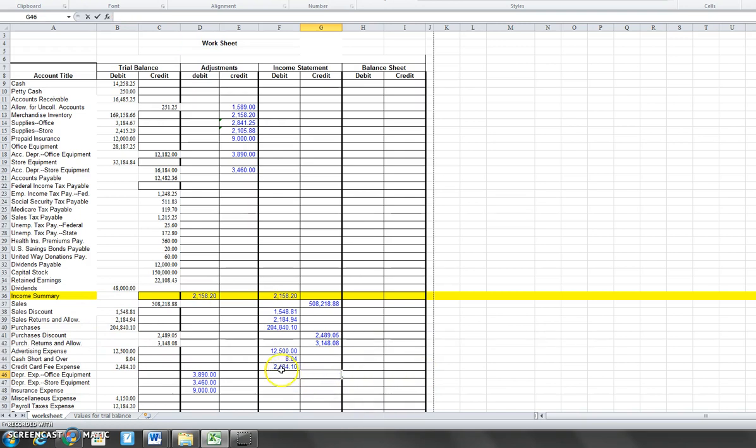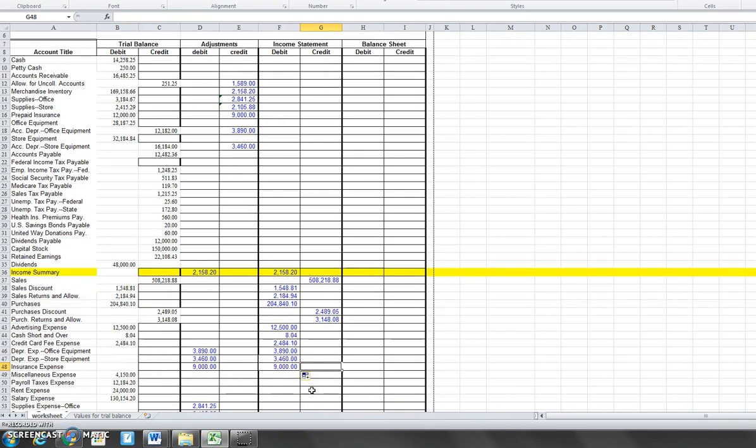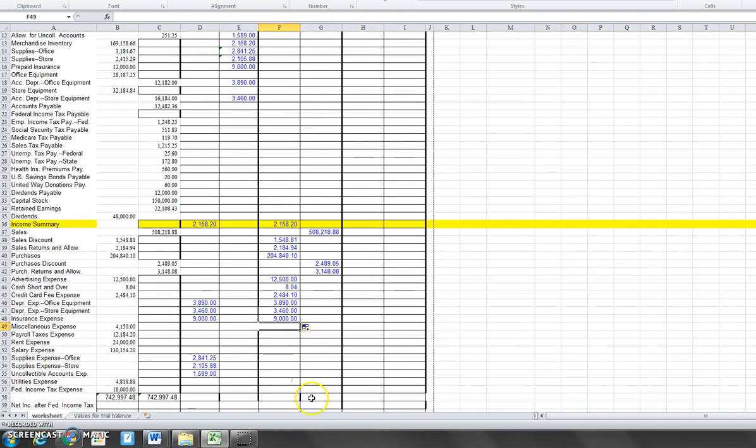Make sure you're in the right column. So we have to move these over. Again, they're all debits. And then we're just continuing to fill handle everything down. Pretty much most of the amounts on the income statement are going to be debits.